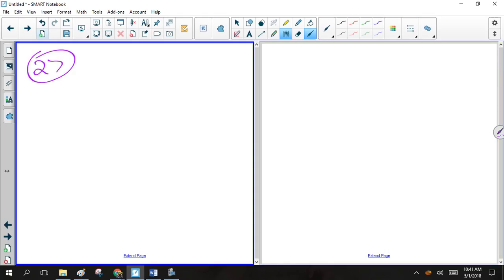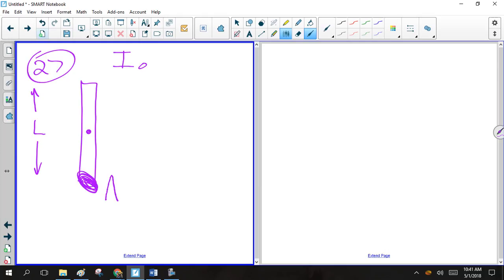27. A uniform stick has length L. The moment of inertia about the center of the stick is I naught. So here's our uniform stick. It's got a length L. Here's this. It says a particle of mass m is attached to one end of the stick. So the total rotational inertia, or moment of inertia, of the combined system about the center is what?